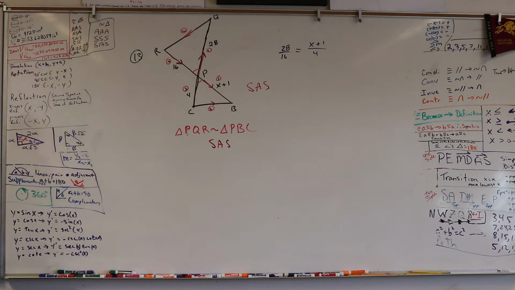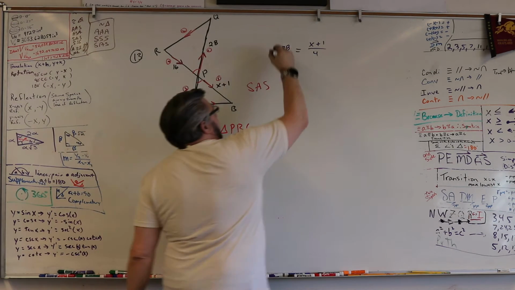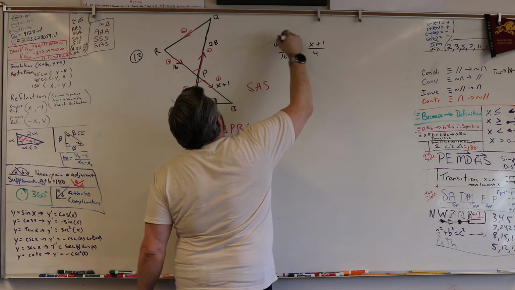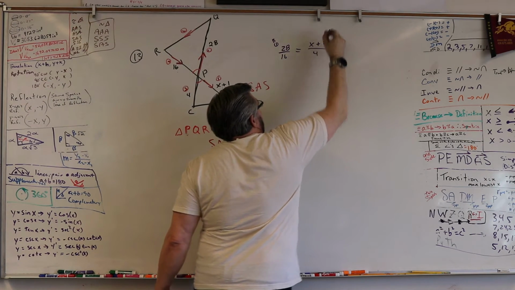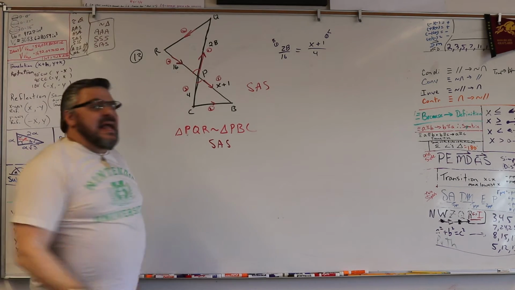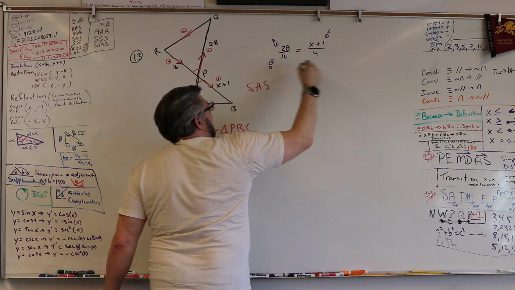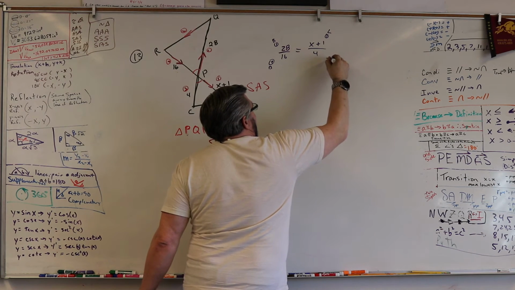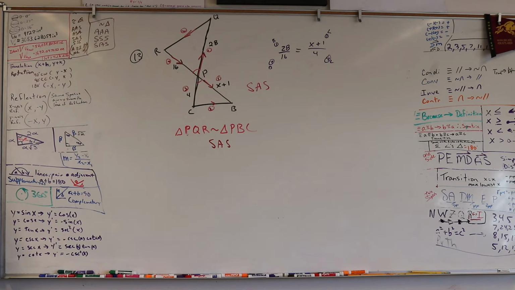Okay? And that's how you set that up. So remember, 1 on the big triangle is to 1 on the little triangle, as 3 on the big triangle is to 3 on the little triangle. Does that make sense? Okay, and then it's just math.